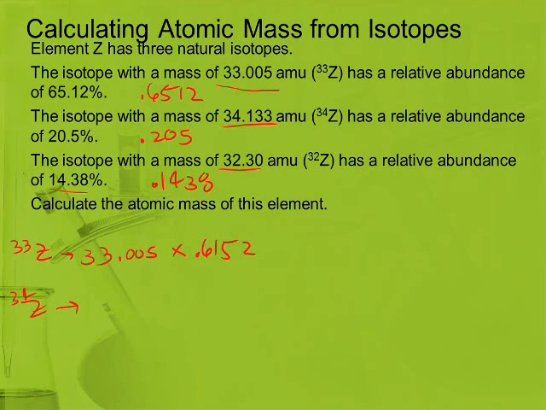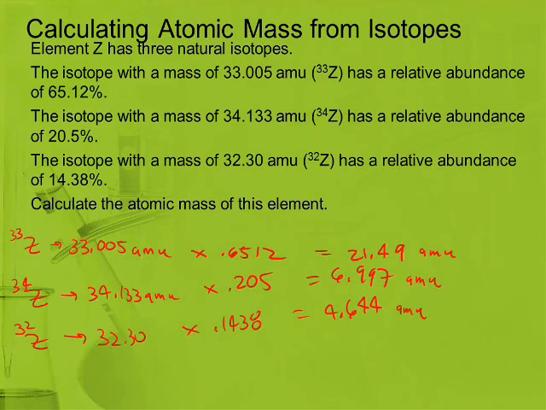For Z34, I'm going to multiply 34.133 times 0.205. And for Z32, I'm going to multiply 32.30 times 0.1438.